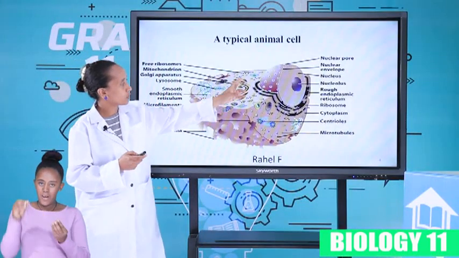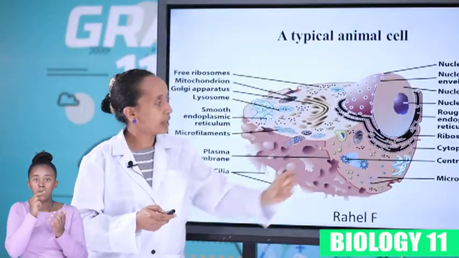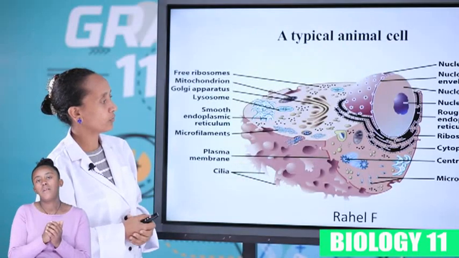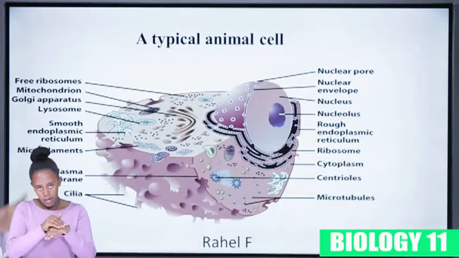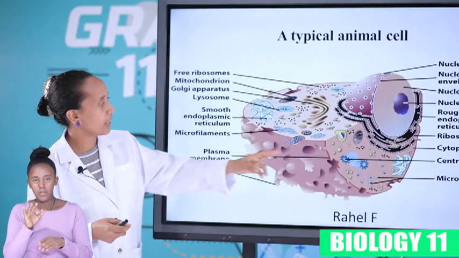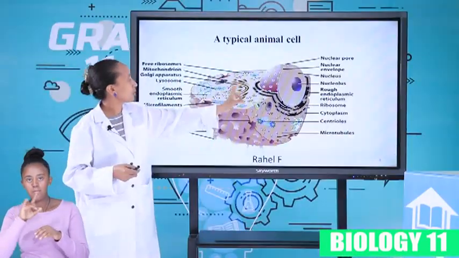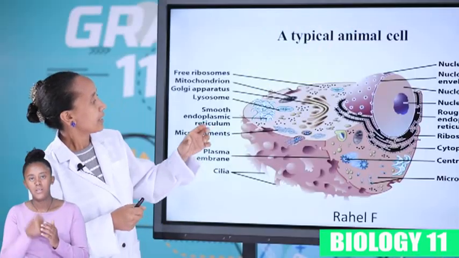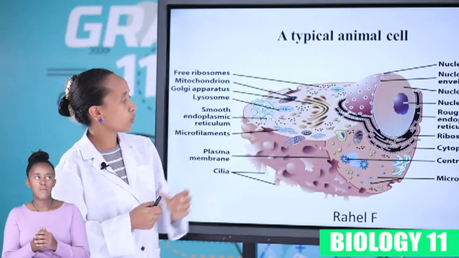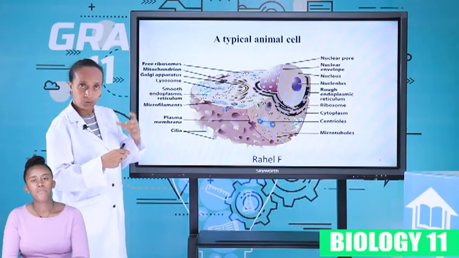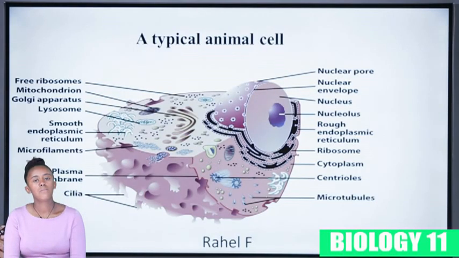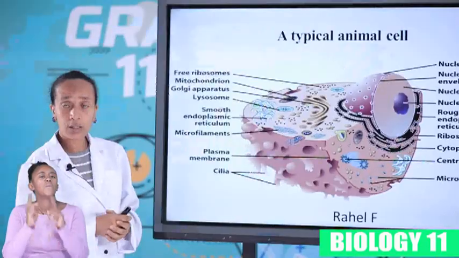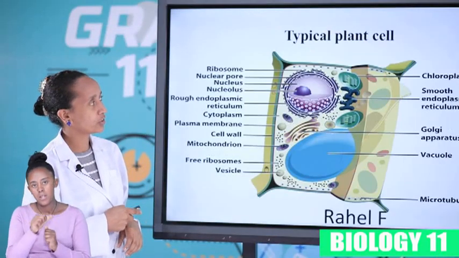In addition to the nucleus, here we have the endoplasmic reticulum, that is an extension of nuclear membrane, and it's also found in the cytoplasm. Next to the endoplasmic reticulum, we have Golgi complex or Golgi apparatus, and we have mitochondria, which is one of the important structures. And you can have different other structures with their specific function.